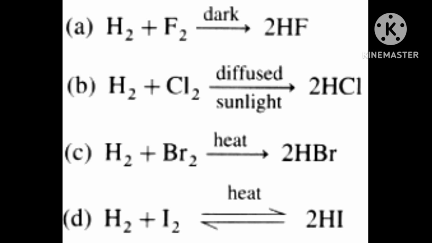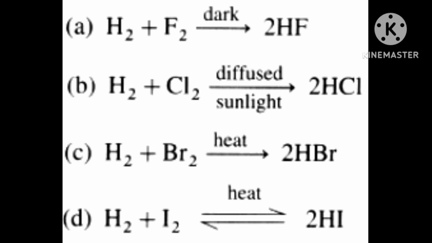The acidic strength of these acids, the hydrogen halides I am talking about, varies in the order HF is less than HCl, HCl is less than HBr, HBr is less than HI.